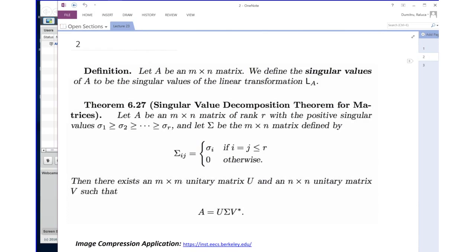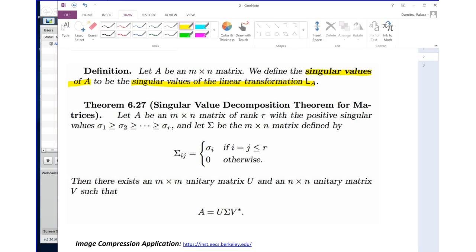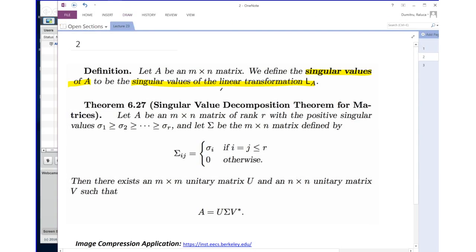So the same thing can be defined for matrices. The singular values of an m by n matrix A are the singular values of the linear transformation L sub A. Remember what L sub A was? L sub A of a vector is just left multiplication by A of that vector.